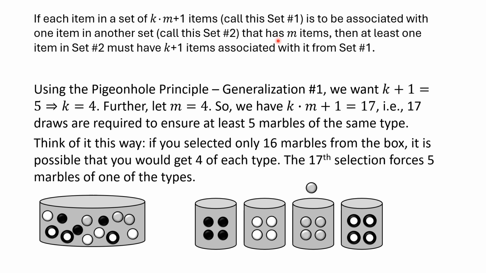And if you think about this, we could have made an easier version of this problem where we had all the marbles of the same color, same type, and we had 4 containers, and then we could ask, what's the least number of marbles that we pull out of this larger container and put into these smaller containers in set 2, such that you have at least 5 in one of the containers, and that would be the same answer.